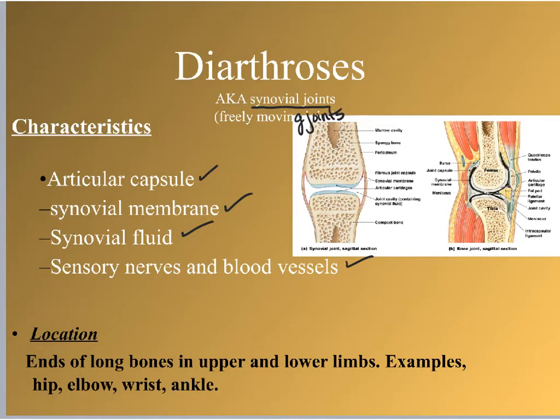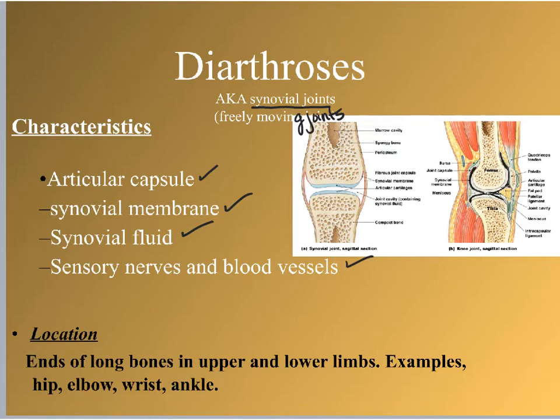So these are the joints that we normally think of when somebody says the term joint. These are found at the ends of long bones in your upper and lower limbs. So the phalanges, the hips, the elbow, the wrist, the ankle, the shoulder, these are all freely movable joints.